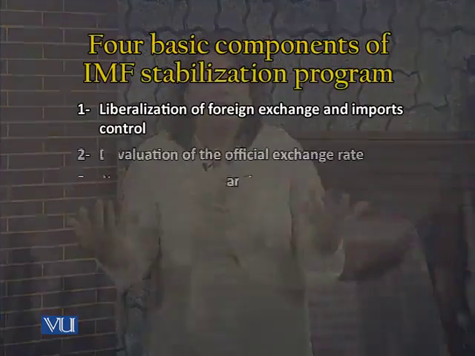Under the stabilization program, the IMF tells the government to keep a watch on the increase in the supply of money, and directs governments to develop policies through which the supply of money is controlled in such a way that inflationary pressures can be reduced to a greater extent.